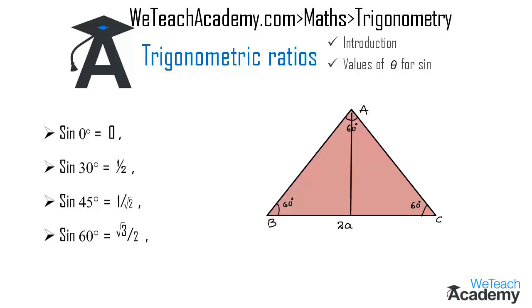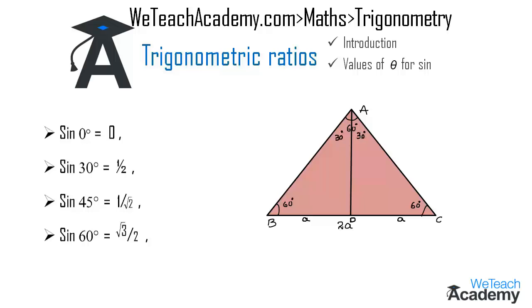And now draw a perpendicular line AD from the vertex A to BC. Then AD bisects BC and the angle A. So we get BD equal to DC equal to A, and the angle A bisects, so angle BAD is equal to angle CAD is equal to 30 degrees.